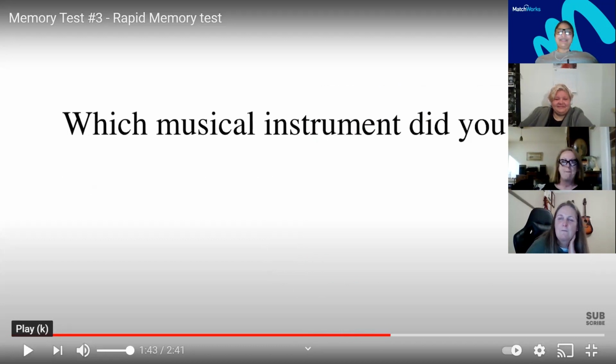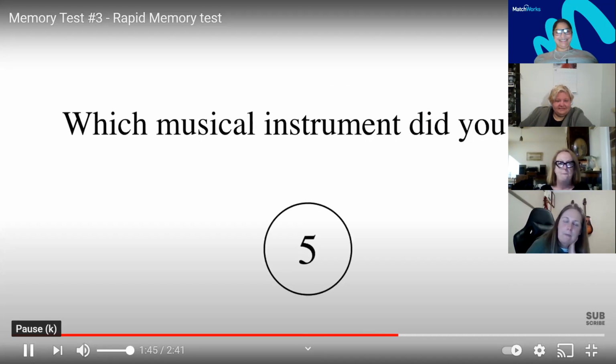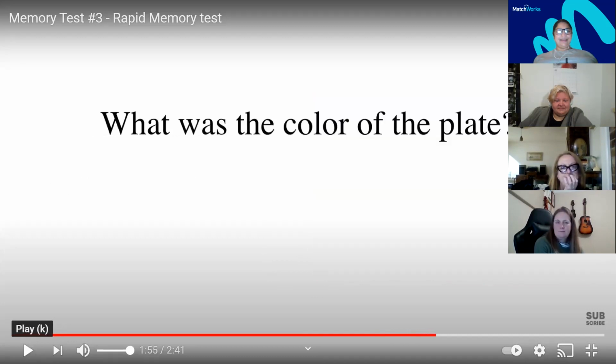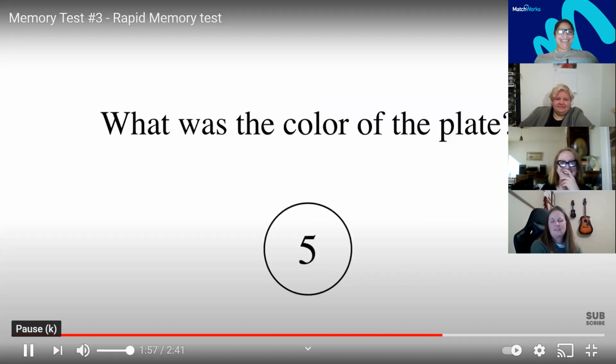Which musical instrument did we see? Violin. Yeah. What was the color of the plate? Anyone? That was going to be my question too. The plate with the eggs on it. White. I guess white, right?